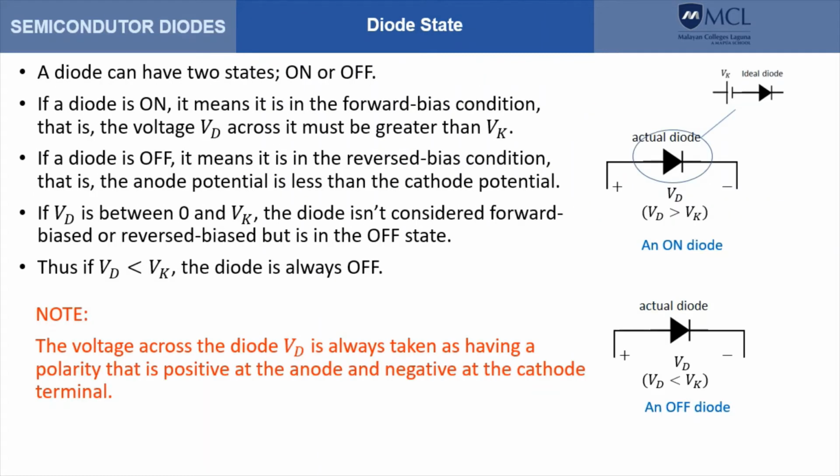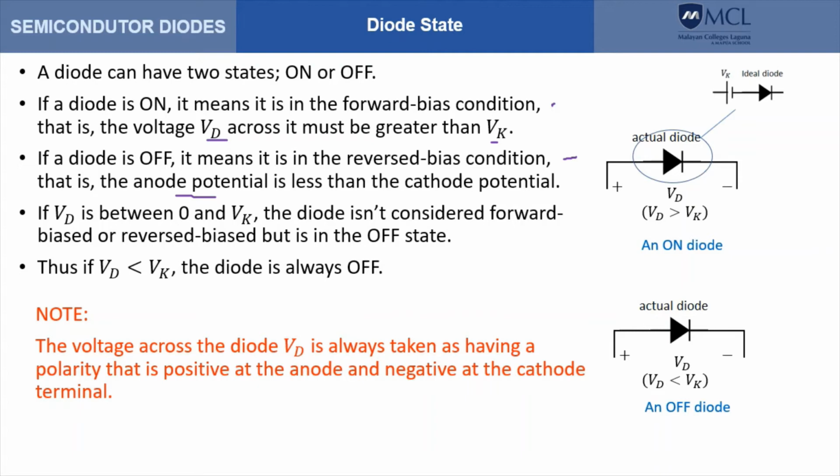A diode can either be in the on state or in the off state. If a diode is in the on state, that means it is in forward bias condition, and that the voltage across it, the voltage V sub D, is greater than its turn-on voltage V sub k. If a diode is off, that means that diode is in the reverse bias condition, and that means that the anode potential is less than the cathode potential.